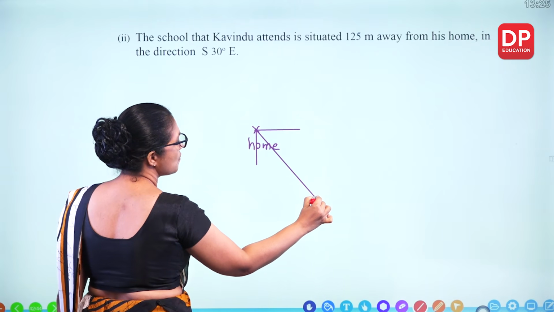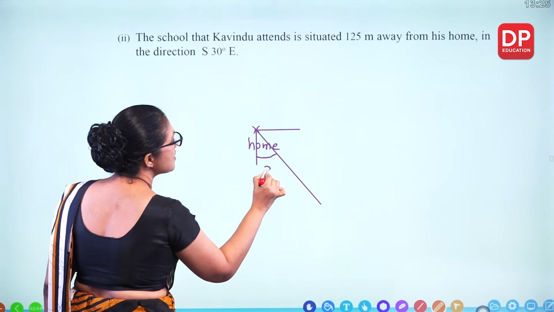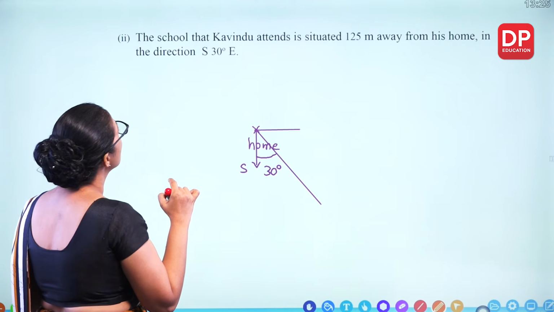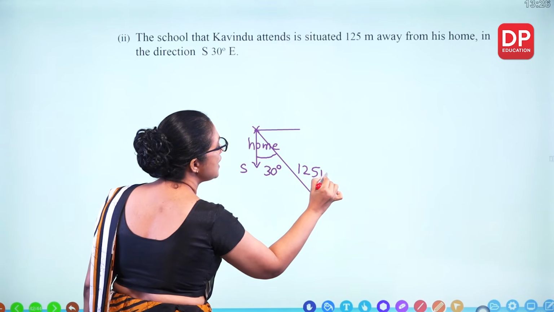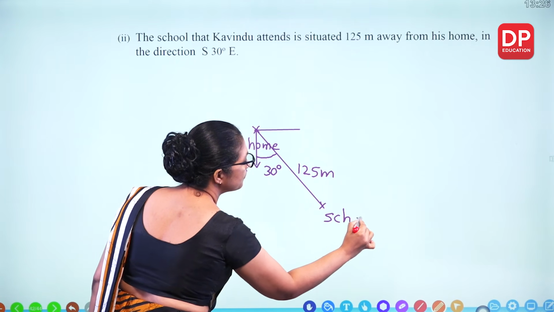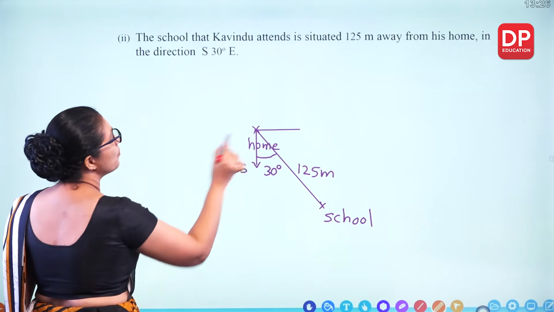So we'll mark this one. And this is 30 degrees from south. And what's the distance? 125 meters away. So what's this? The school. So this is home.